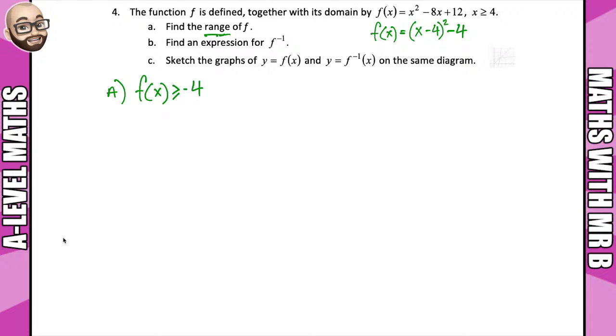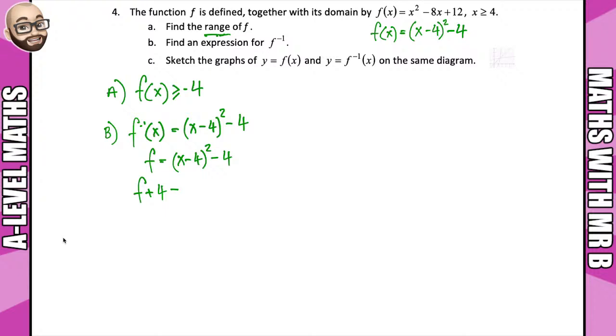The completed square version also helps us with the inverse. We've got f minus 1 of x equal, just going to write it out again. Okay, so if we say f equals x minus 4 squared minus 4, we can add 4 to both sides.